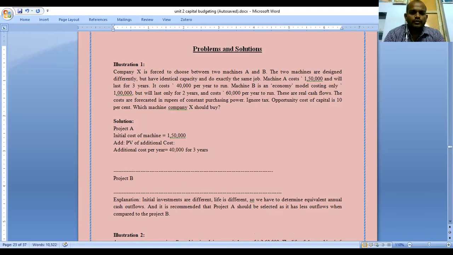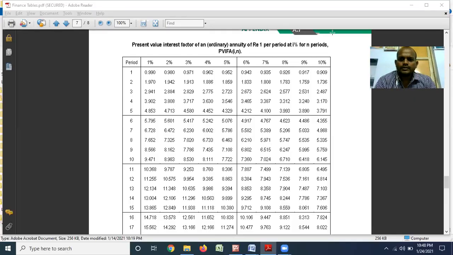So we have to identify the present value of annuity factor at the rate of 10% cost of capital.